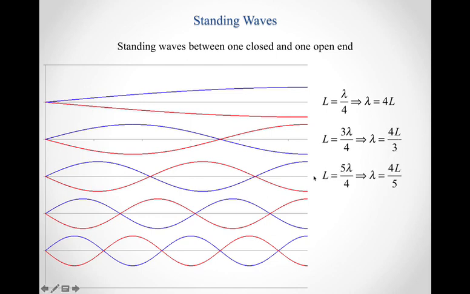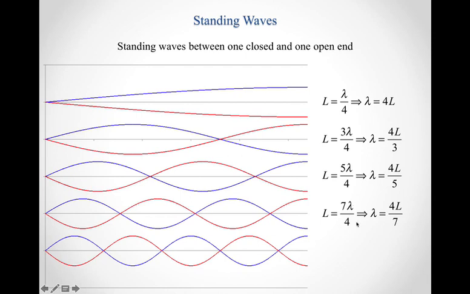When we look at the fifth harmonic, 1 hump, 2 humps, so here's a wavelength plus 1/4. So this is 1 1/4 wavelengths for the distance across L, which means the wavelength is 4L over 5. Seventh harmonic, again we get 1, 2, 3 humps, so this is a wavelength and a half plus another quarter.